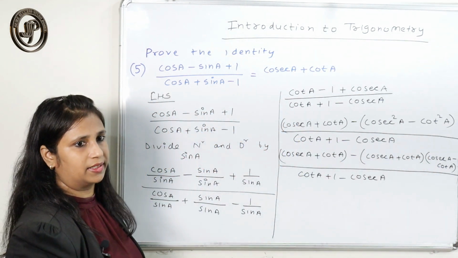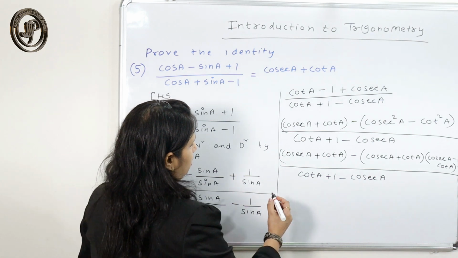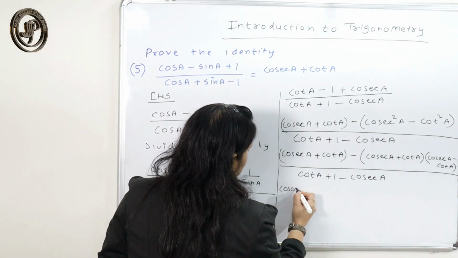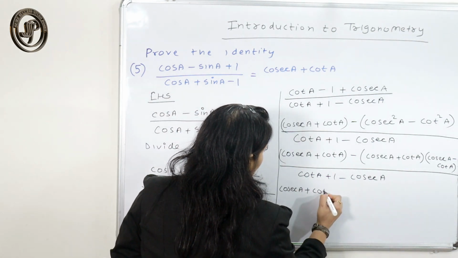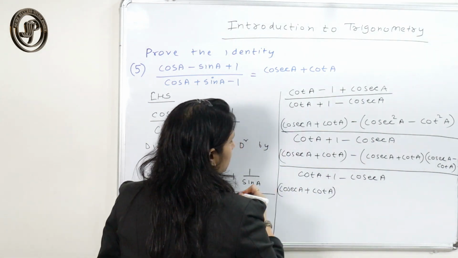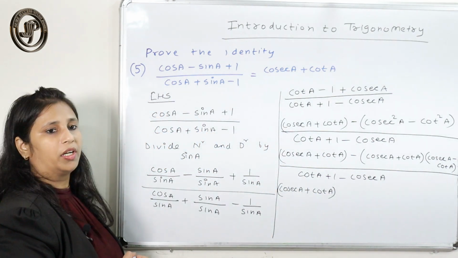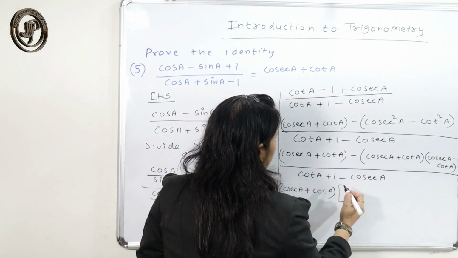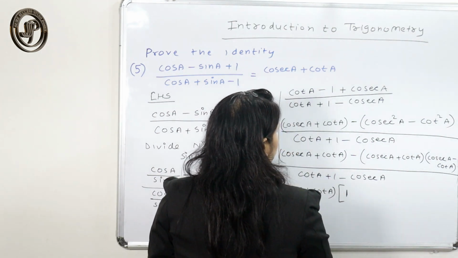You have two brackets. From here you can take cosec A plus cot A common. If you take cosec A plus cot A common, here you get 1.